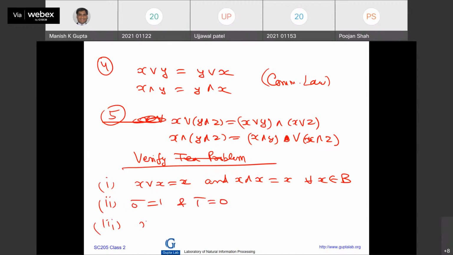Third, x join y complement is x complement meet y complement, and x meet y complement is x complement join y complement. So this you can prove. It's not very difficult using the formulas at the top. Okay, so this is all about Boolean algebra, right?